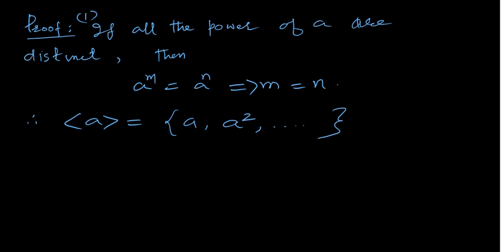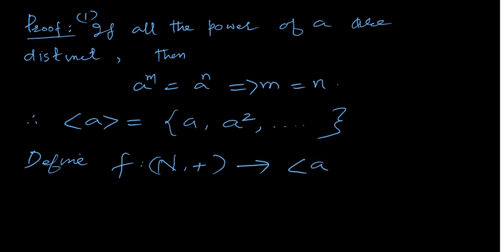So now we define a map from N plus to the monogenic semigroup generated by A. Define f from N plus to this monogenic semigroup by nf is equal to A power n.